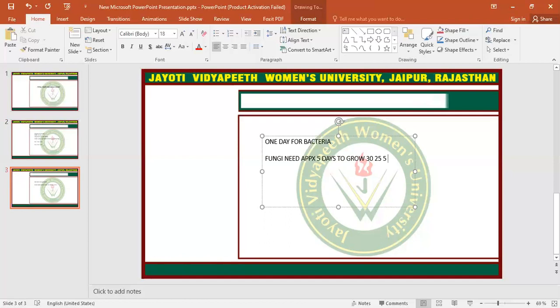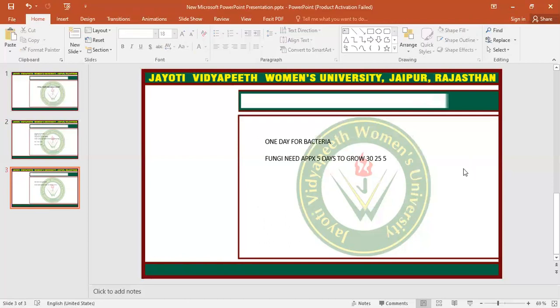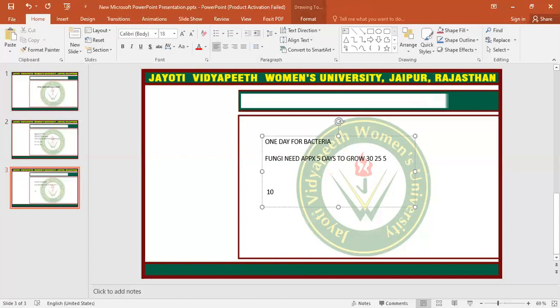How do we count the plates? We count the plates according to the known methods. For example, in the dilution 10 to the power minus 3, the number of fungi is 5. Then what is the proportion of the fungi in the sample?